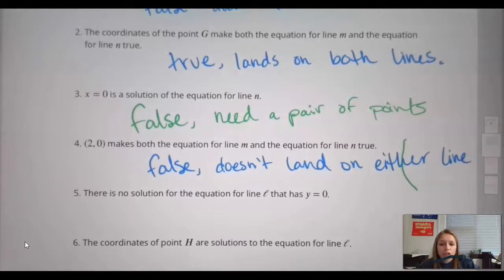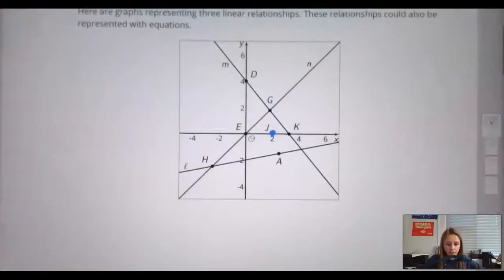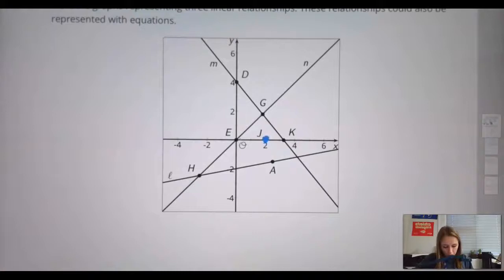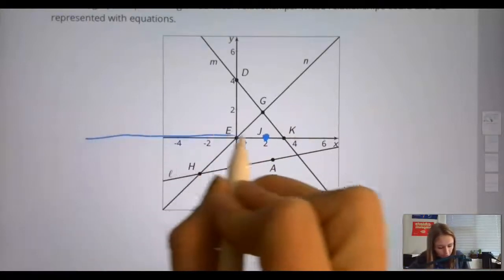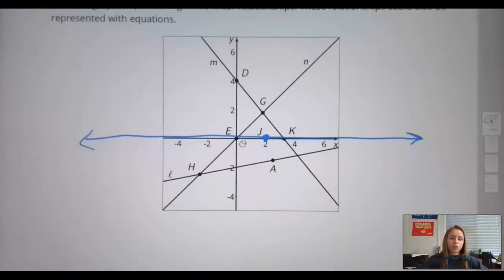Alright, now there is no solution for the equation for line L that has y equals 0. Alright, so let's go ahead and do that. Alright, so if our line is y equals 0, that means my line hits the y-axis at 0, which would be the x-axis there. So we're focused on line L. So we're seeing, does line L ever hit a point where the y-coordinate would be 0?